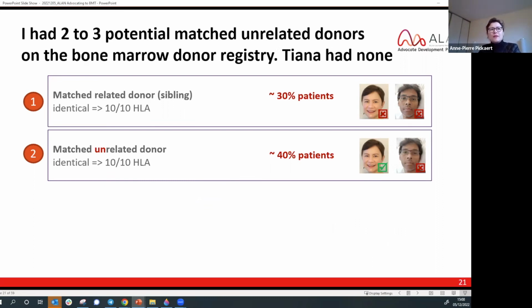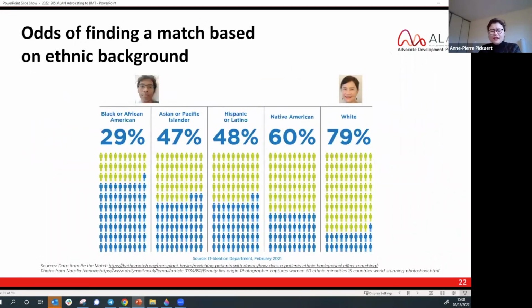I remember I had been a patient advocate for a year when I met Tiana, and I couldn't quite understand it. It seemed to me not so hard, because I had 2 to 3. But then I started to dig into the data, and I realized that depending on your ethnic origin, you don't have the same chance. You don't have the same probability.